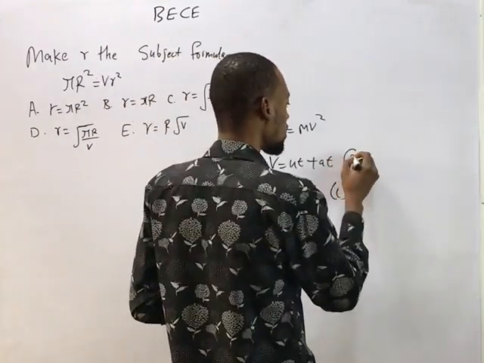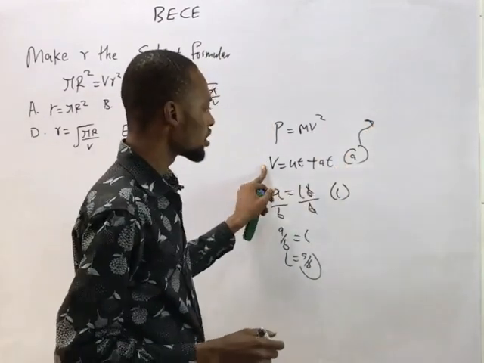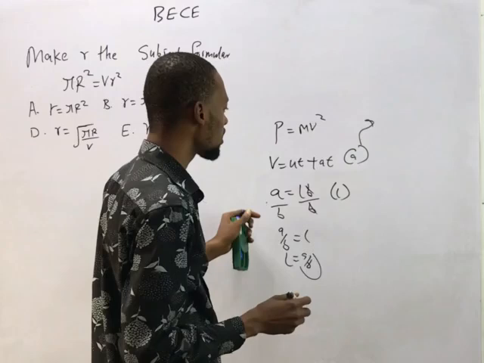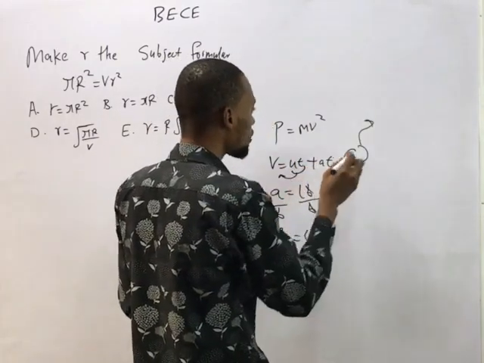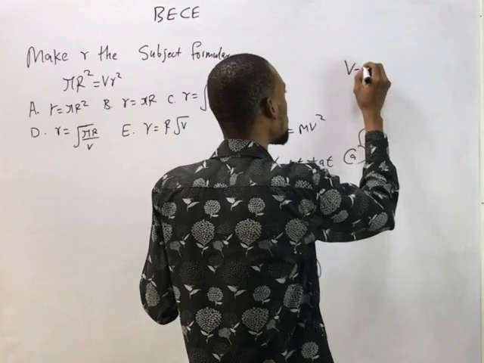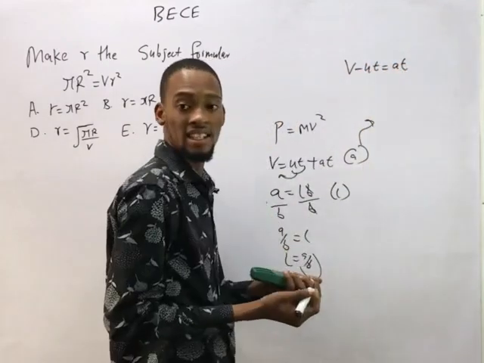If you are making A the subject of the formula here, it means I am changing from V to A. So I can simply say, bringing this ut this way, it becomes negative. So V minus ut is equals AT, right?